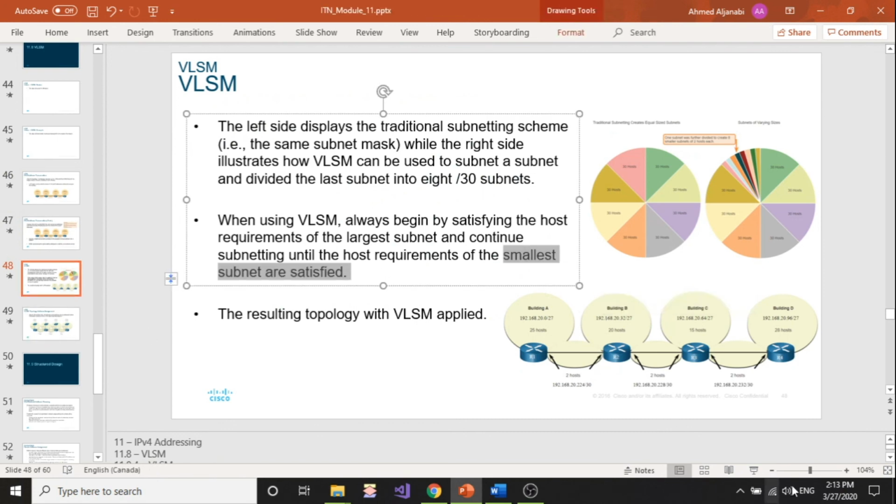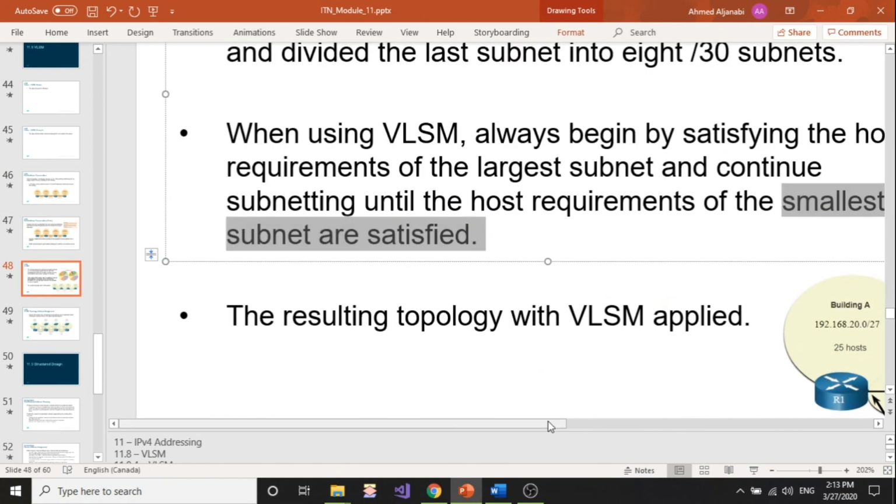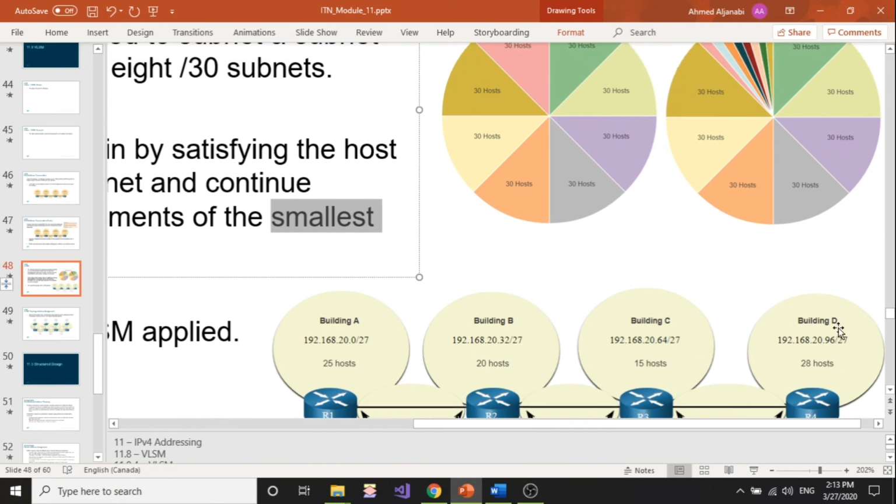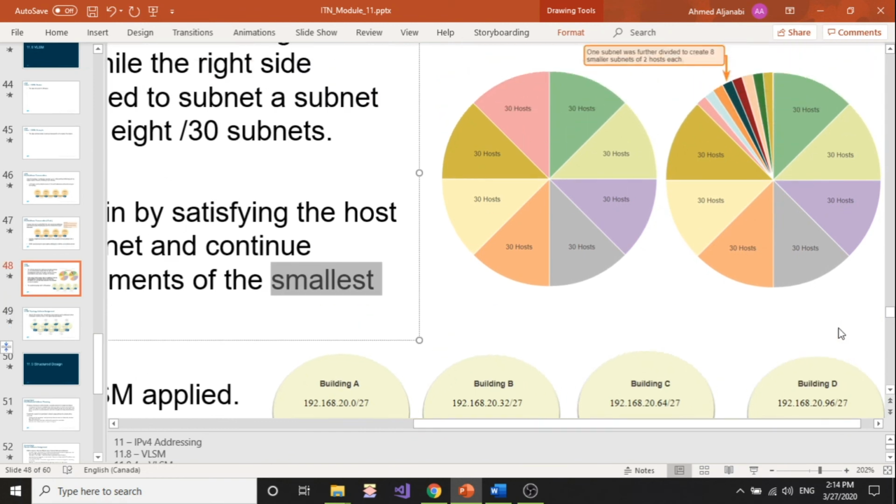This graphic here, let me just zoom a little bit, just to show you the difference between variable and fixed. And you can see here, I have the 3 hosts here, and I can take one of the available networks and divide it further to get smaller networks. Let's go back here.